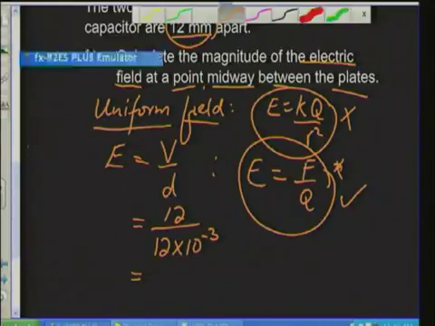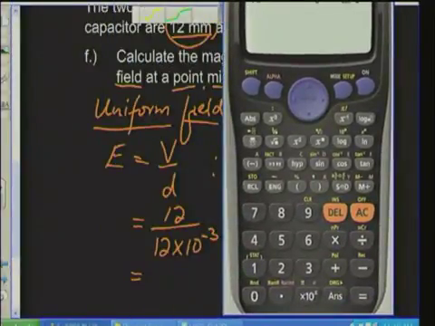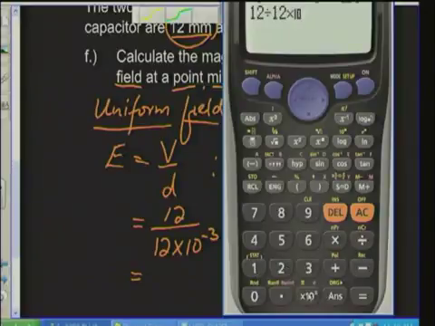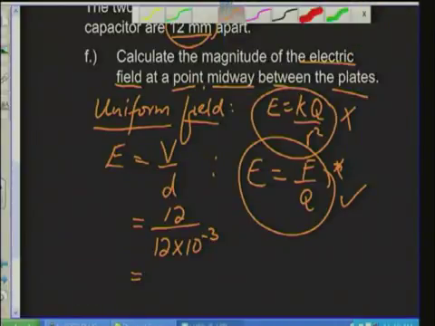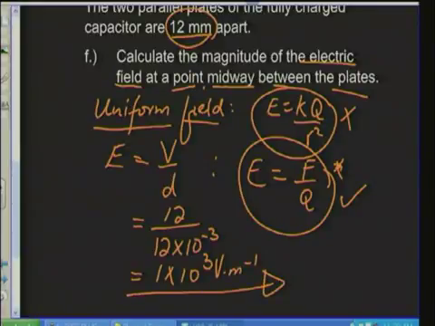Right, taking the calculator here so that we can get the answer to this sum, we have 12 divided by 12 times 10 to the power minus 3, and the answer is 1,000. So what you have there is 1 times 10 to the power 3. You've got volts divided by distance, so this is volt per meter. That is the unit of measurement there.